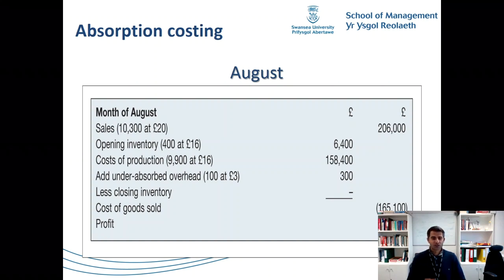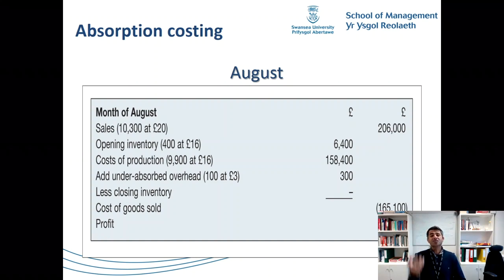So it means each unit has £3 as fixed manufacturing overhead per unit. But now what really happened is that we produced less than we budgeted. We budgeted 10,000 units to produce, but here we produced 100 units less.